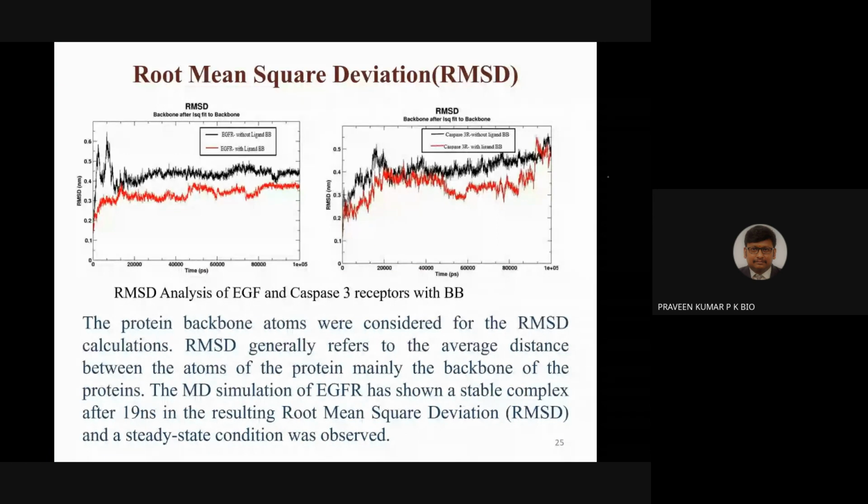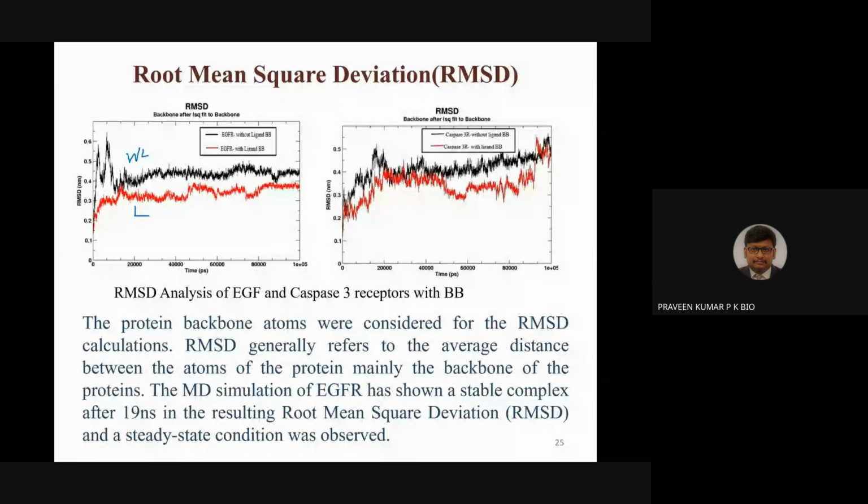Here, in this example, I not only docked a ligand with a receptor, so the black one shows only the receptor alone. RMSD in nanometers is on the y-axis, time in picoseconds on the x-axis. In this graph, the ligand binding with the receptor is shown in red. So this is with ligand, and this is without ligand.